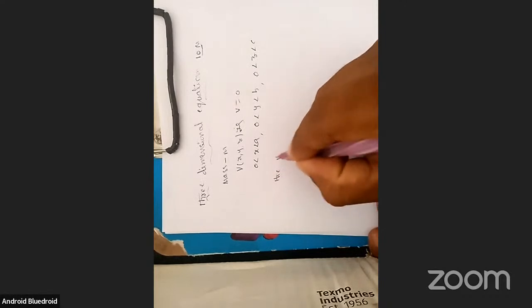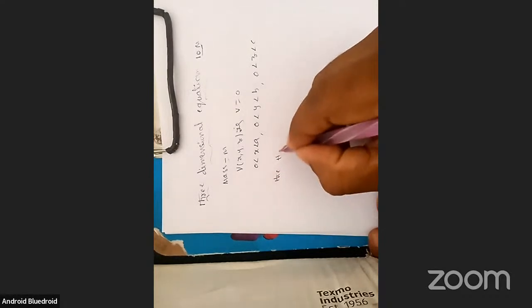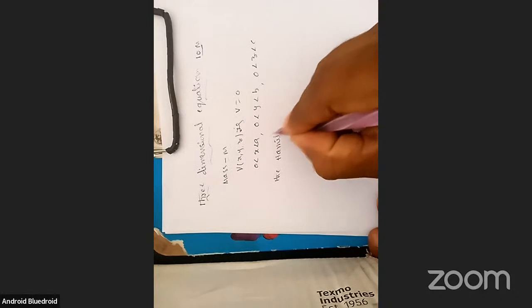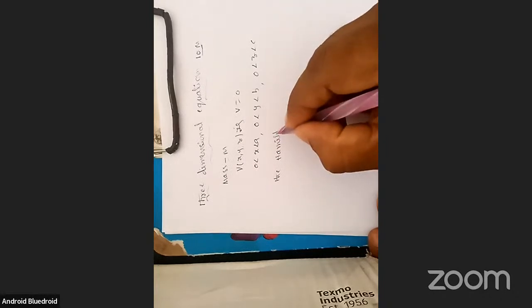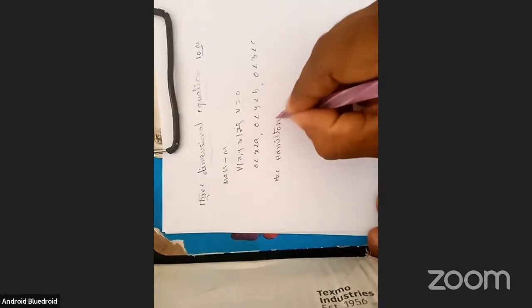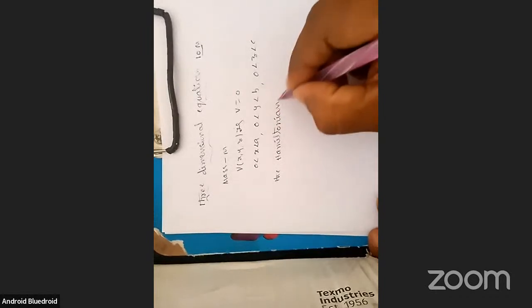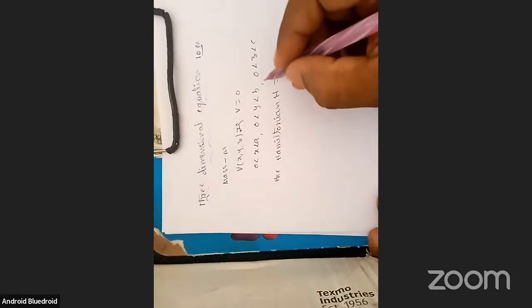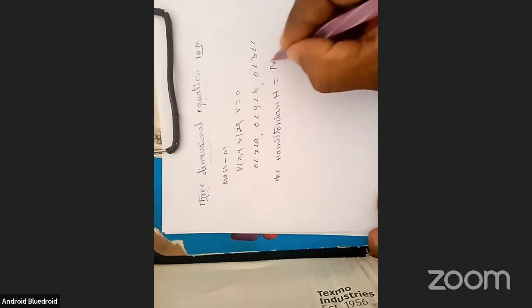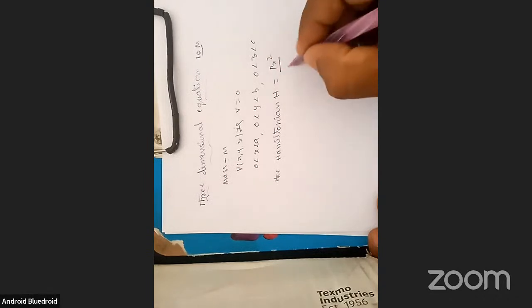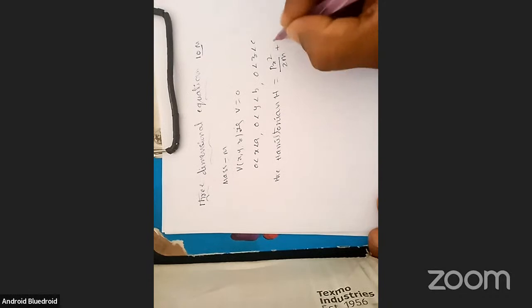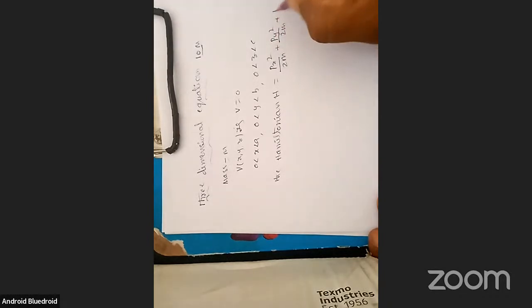The Hamiltonian H is equal to p x square by 2m plus p y square by 2m plus p z square by 2m.